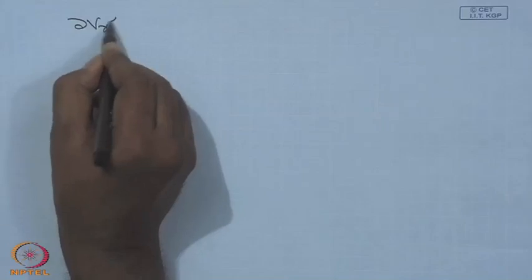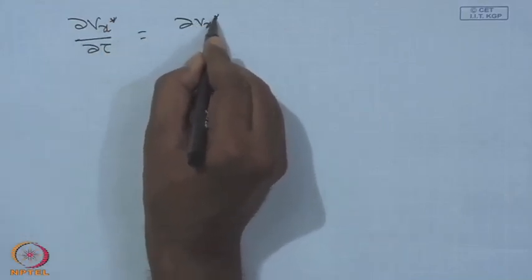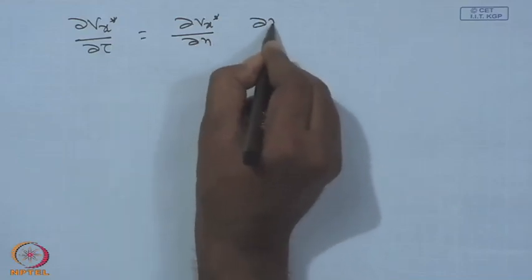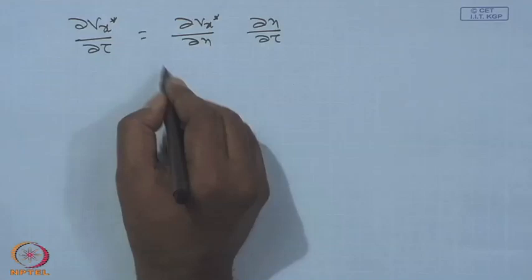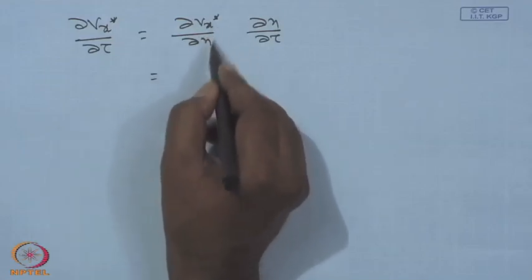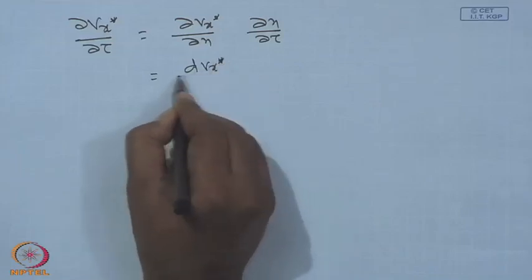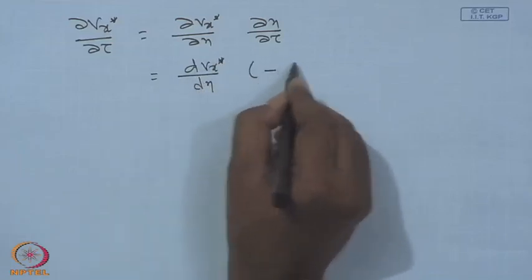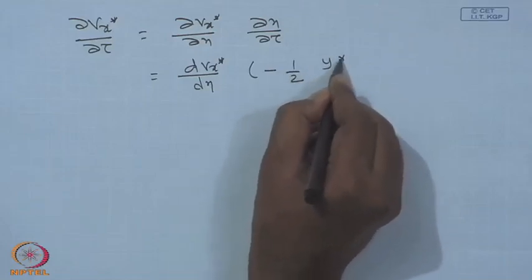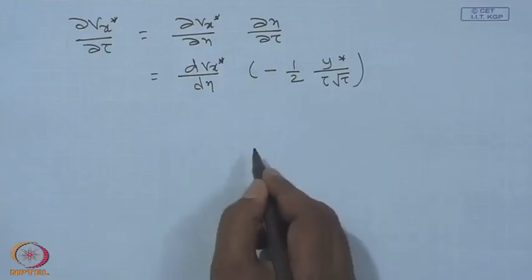So, del V x star del tau becomes del V x star del eta times del eta del tau by the chain rule, and since V x star is now a function of eta only, this becomes a total derivative d V x star d eta, and del eta del tau will be nothing but minus half y star tau root tau. It becomes basically tau to the power 3 by 2.